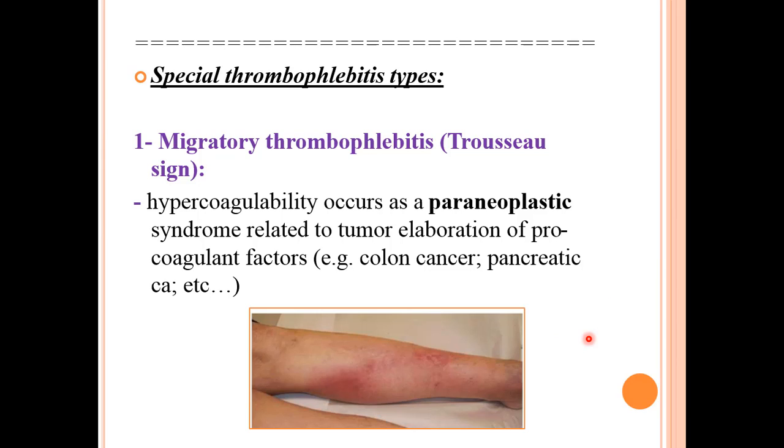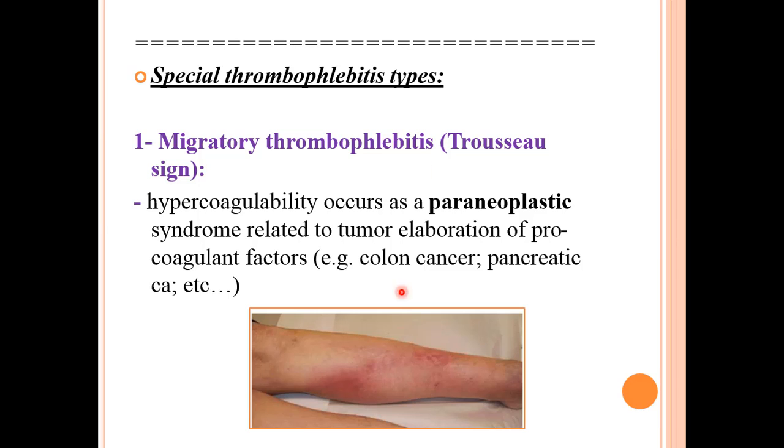We mean by that the patient is having some sort of cancer, for example, colon cancer, pancreatic cancer, stomach cancer, or any type. And this cancer, as a paraneoplastic syndrome, releases into the circulation a substance that works as a procoagulant factor. This will lead to the production of migratory thrombophlebitis.